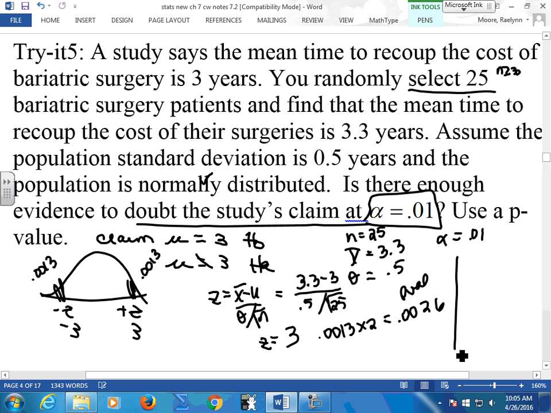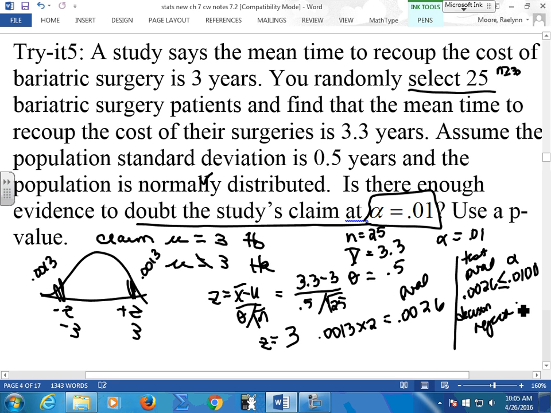Now I'm going to test my p-val against my level of significance. Fill it with zeros. Drop the decimal. Is 26 greater than or less than 100? Less than. So this is the less than or equal to. So I look at my chart and I say, if p-val is less than or equal to the level of significance, what's my decision?